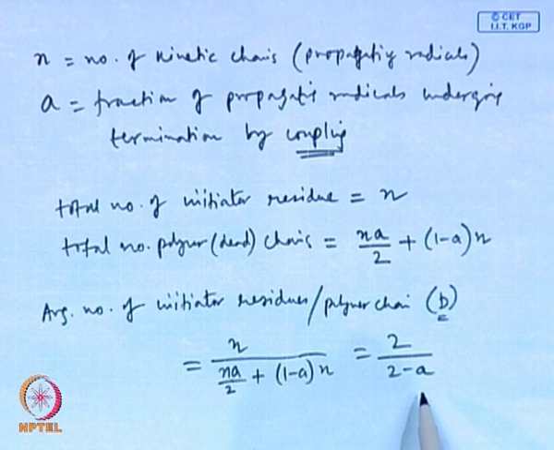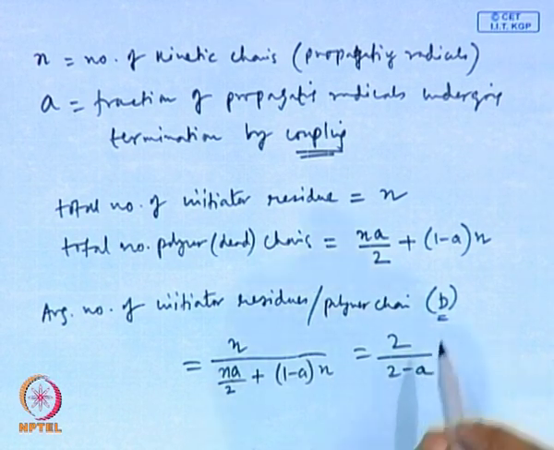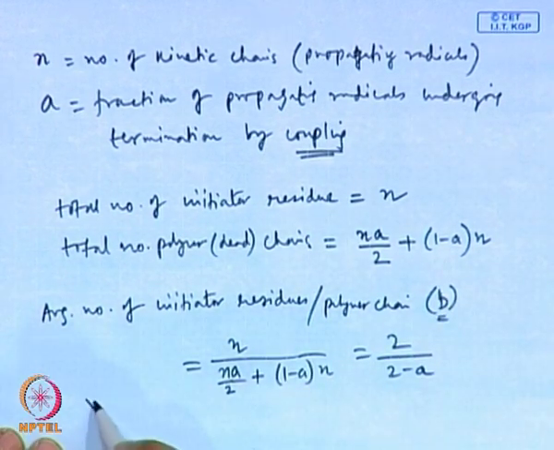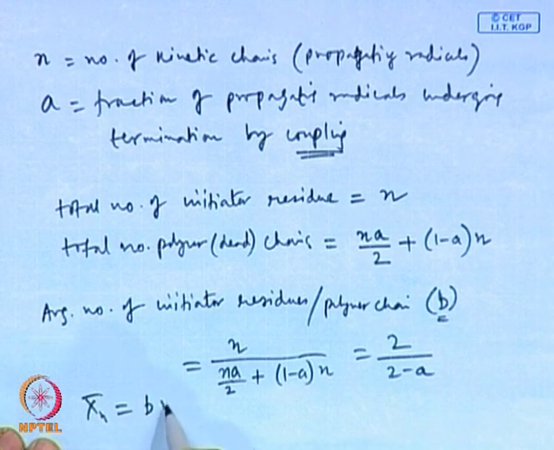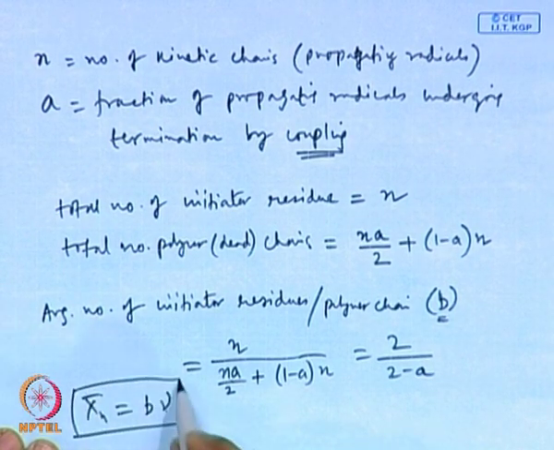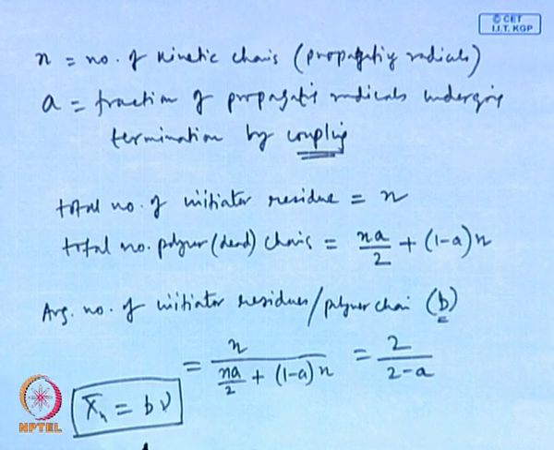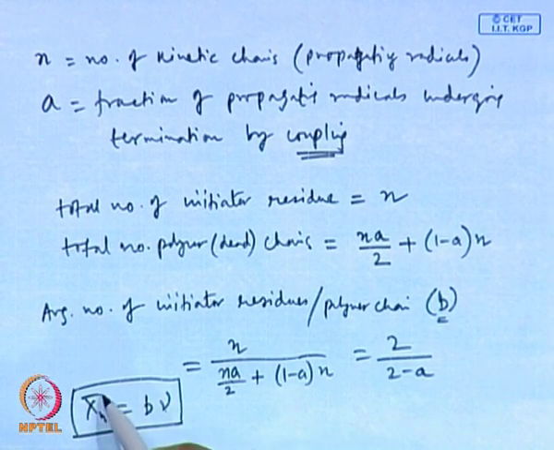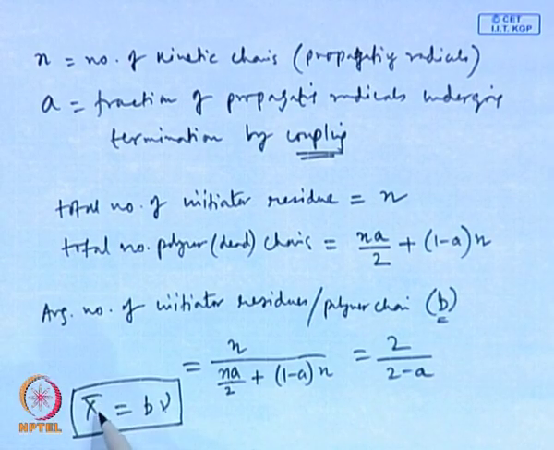Okay. So, if I know x n, and x n is given by B nu, then from experiment, if I know the molecular weight of our sample and the total amount in grams, then we know the number of chains as well.